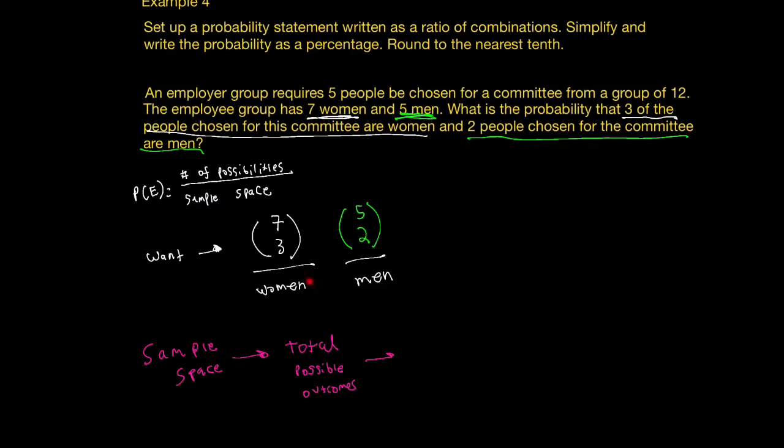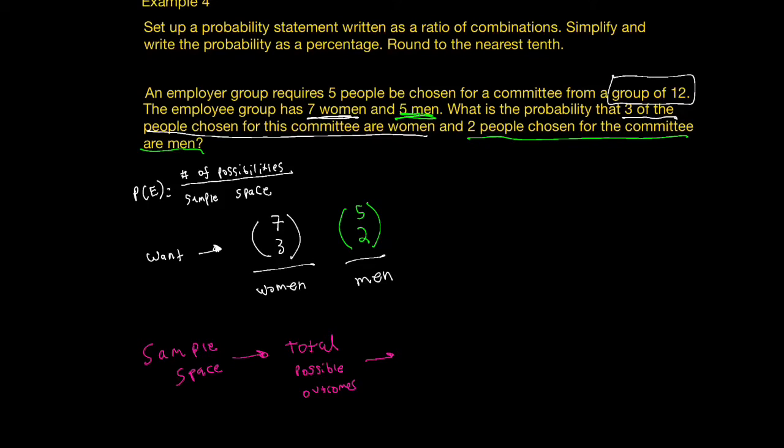Now that we have the number of possibilities, we want to figure out what the sample space is going to be. And remember that the sample space is the total possible outcome. So here we want to get the total, and the total I believe was 12. Here we have a group of 12 people.